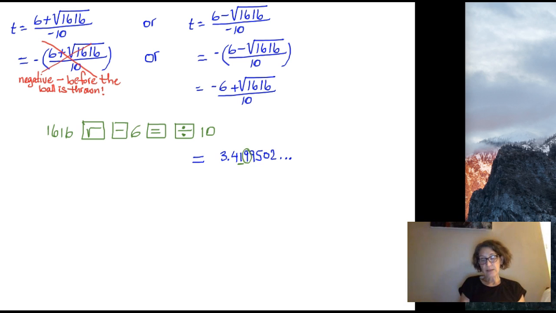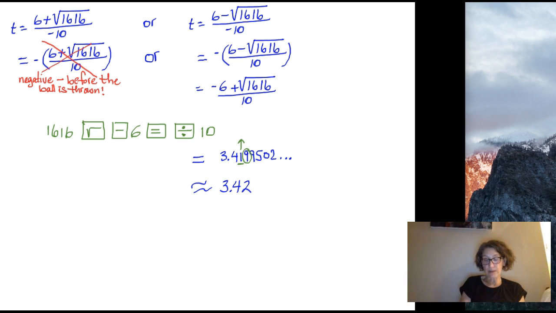So if the number right next to it is greater than or equal to 5, we're going to round up. If it's 1, 2, 3, or 4, we're going to round down. So in this case, it's 9, which is greater than or equal to 5. So that means I'm going to round up. And so my answer is approximately 3.42.